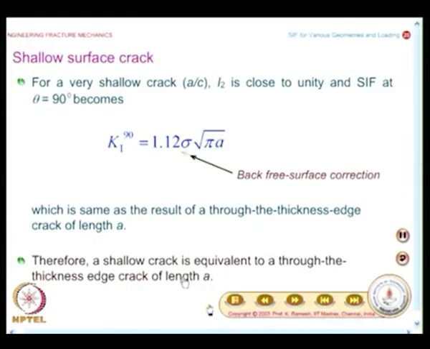Whenever you have a surface crack, even in a thin plate, on the crack front, because of triaxiality constraint, you will have to use plane strain fracture toughness, which is lower than that. So, in a sense, a surface crack is always more dangerous than a through the thickness edge crack. That you will have to keep in mind. Though the stress intensity factor is similar, the fracture toughness we would use differently for a surface crack.